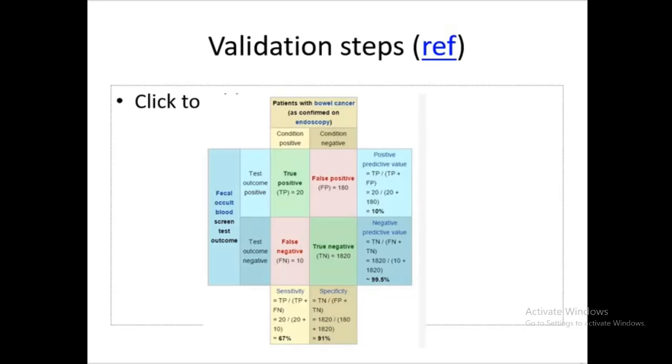So in terms of positive predictive value and negative predictive value, positive predictive value gives us an indication of the amount of individuals who test positive and who actually were positive, relative to those who were negative but tested positive.